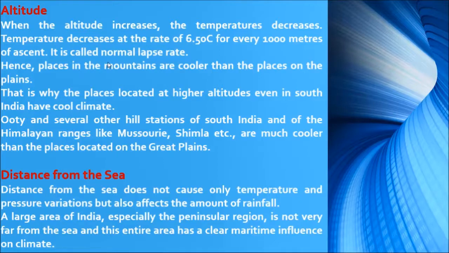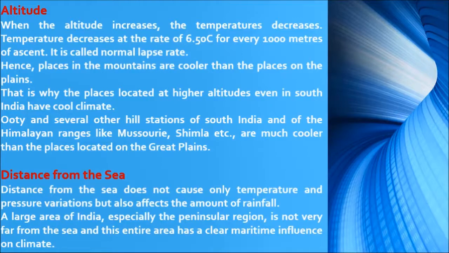Hence, places in the mountains are cooler than the places on the plains. As the temperature decreases at this rate for every 1000 meters, automatically the mountains, because they are higher from the earth's surface, will be cooler.